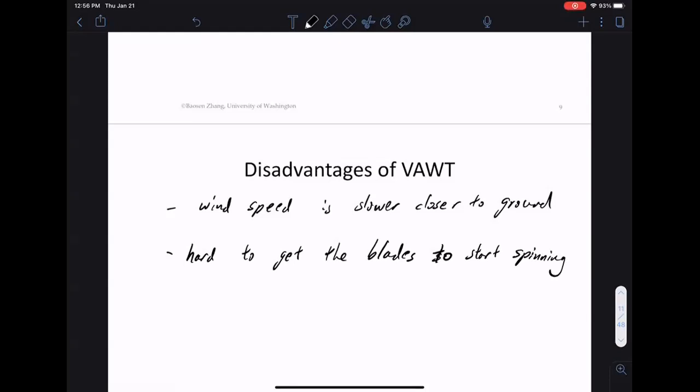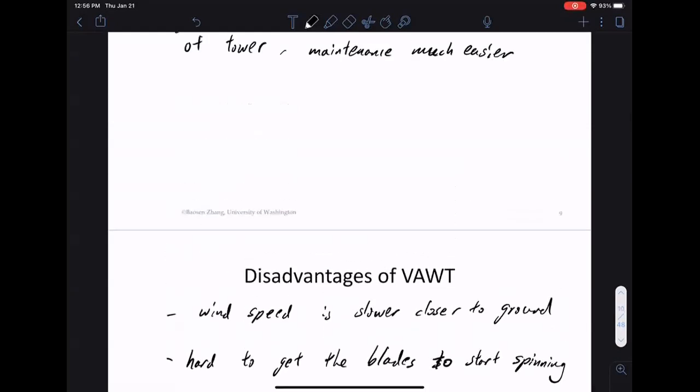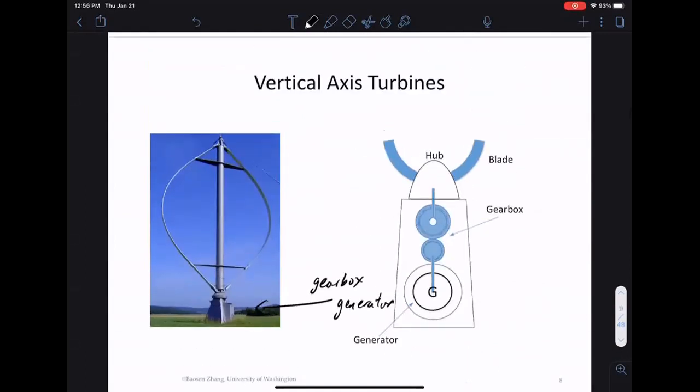So they're still not as popular. These vertical ones are used much less commonly than the horizontal ones, but we're starting to see more of these pop up. For example, if you ever design a microgrid, nowadays people are considering vertical axis turbines instead of horizontal ones, just because construction and maintenance are much easier.